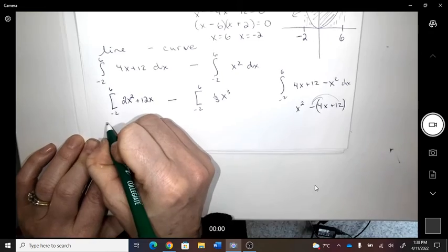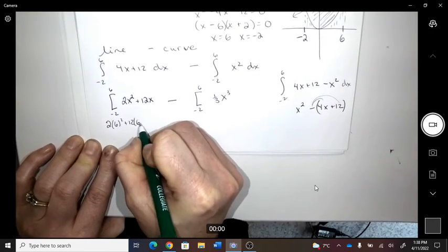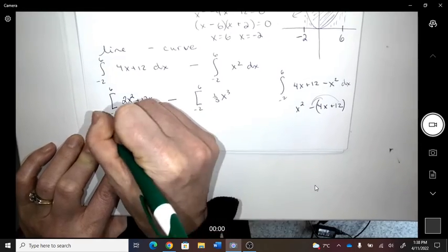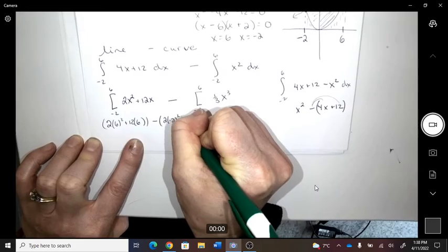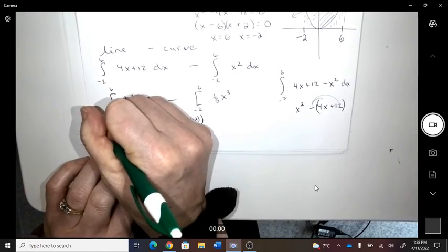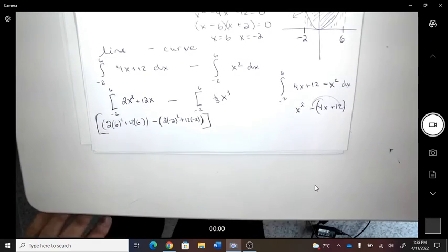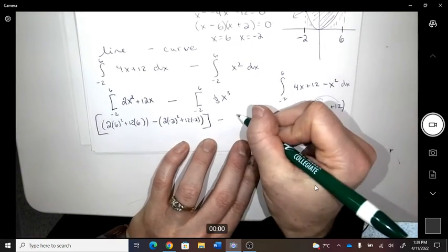Okay, so this one's going to be a bunch of stuff going on here. So I'm going to plug in the 6, plug in the -2.